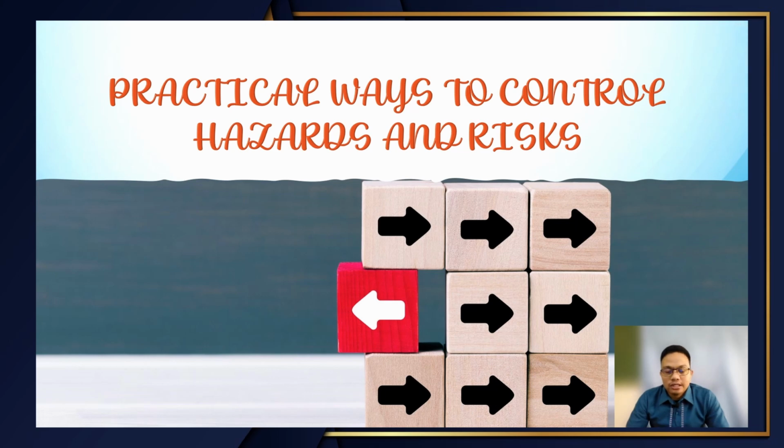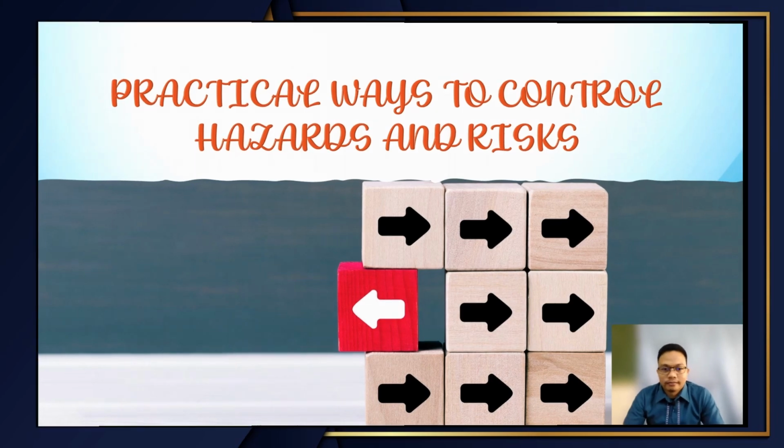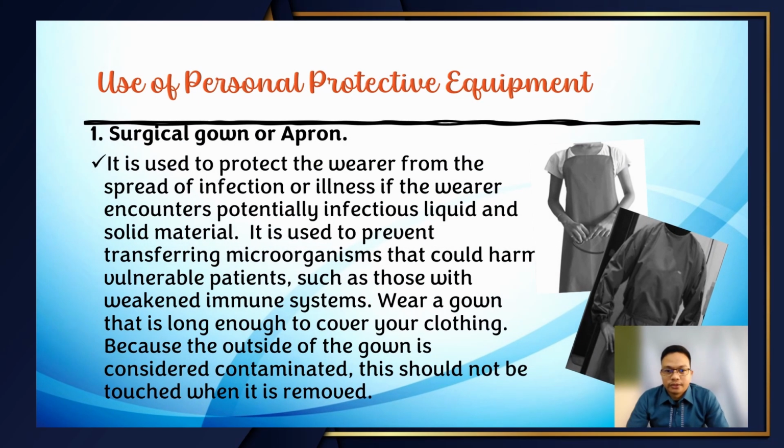After knowing the control measures and evaluating hazard and risk, we have here the practical ways to control hazard and risk. First, we have the use of personal protective equipment or PPE. Let us start with the surgical gown or apron. It is used to protect the wearer from the spread of infection or illness.